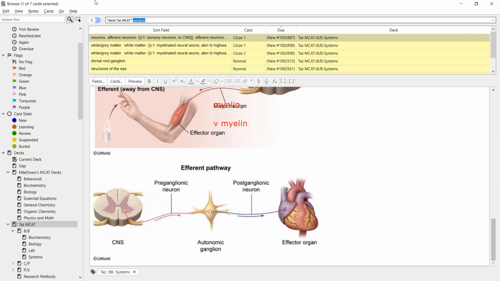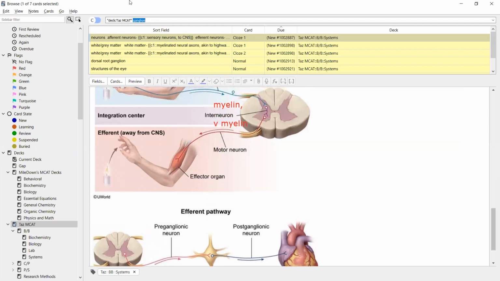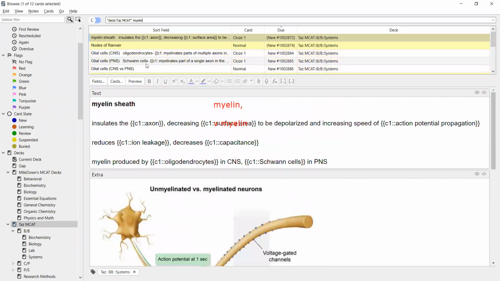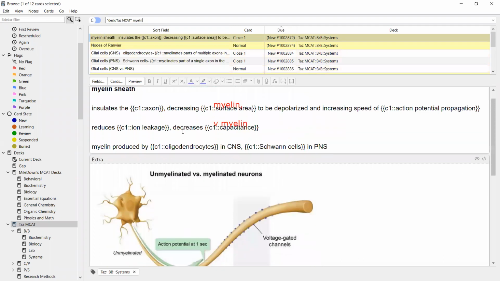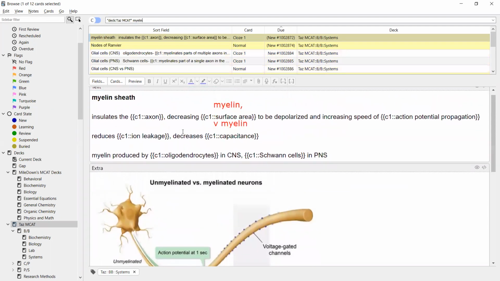You have gone through this material now, but do you remember what myelin does? Maybe not. If you don't remember, that's why these practice problems really encourage you to go back and understand. So let's go back and see what myelin does.